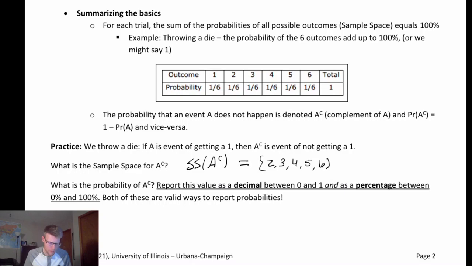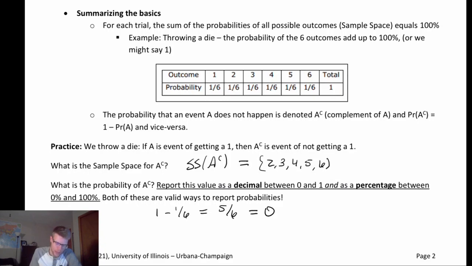Now, what is the probability of A complement? That's going to be the probability of getting a 2, 3, 4, 5, or 6. I could just add up 1/6 5 times, or I could also just do 1 minus 1/6. Either way, it works. I'll get the same amount. I'll get 5/6.